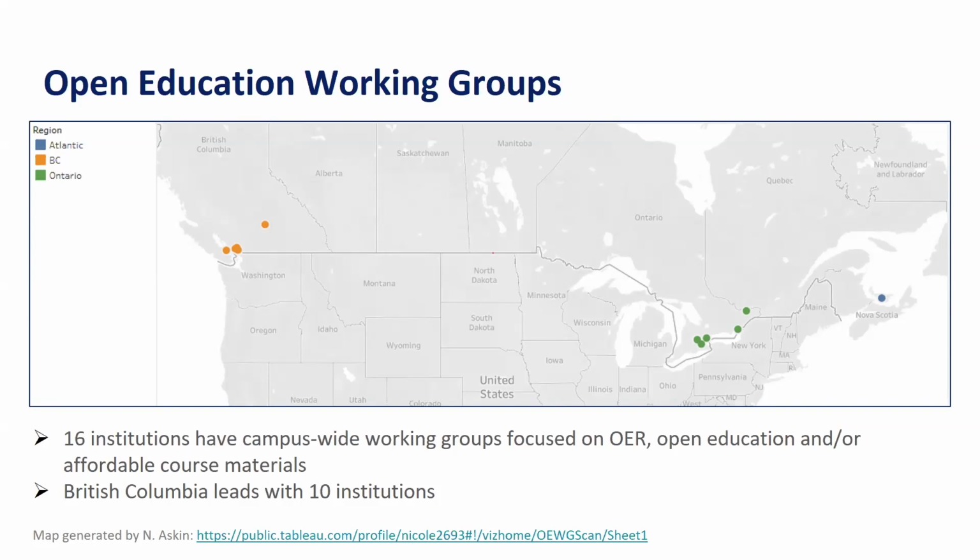In general, it was found that these working groups are composed of librarians, teaching and learning center staff, student union representatives, faculty members who are often champions who already implement open in their classrooms, bookstore representatives, technology professionals, and administrators.